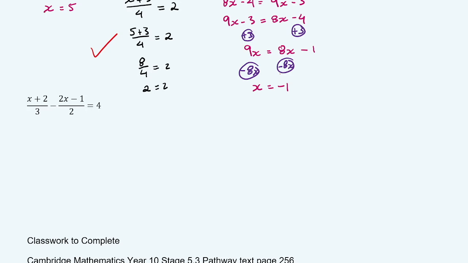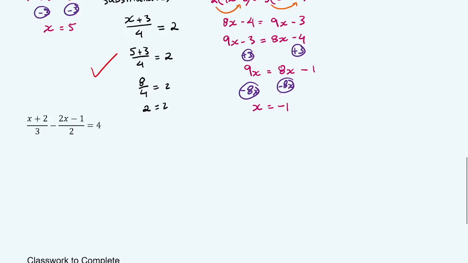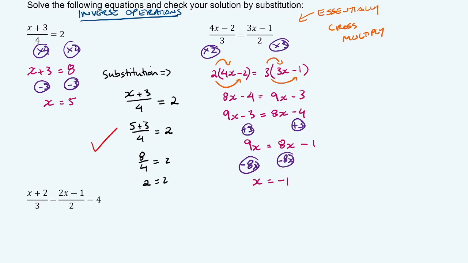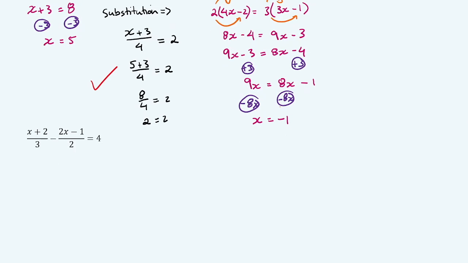So what I'm going to do is what I did with this question up here. I'm going to do a cross multiply, and it's probably going to work a little bit more closely to the algebraic fractions actually. So I'm going to leave that 4 alone, and I'm just going to work on my left hand side.